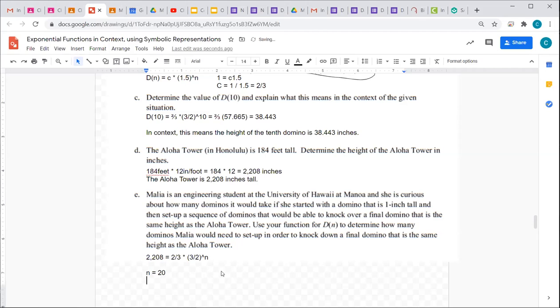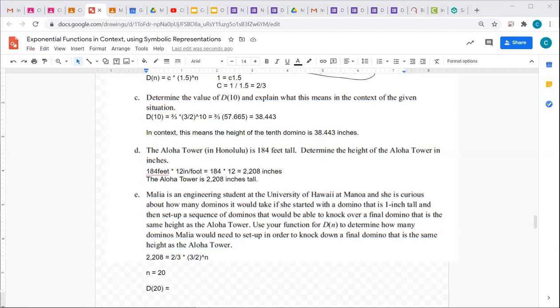Is n equals 20? Why? Well, d of 20, I just used the calculator to calculate it. Let's write it out again. 20.